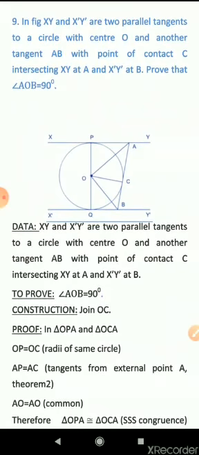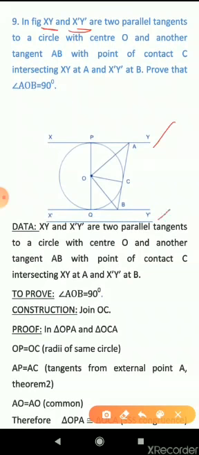Now let us go to the 9th question. They gave a figure in your textbook. In the figure, XY and X dash Y dash are two parallel tangents to a circle with center O. Clear?